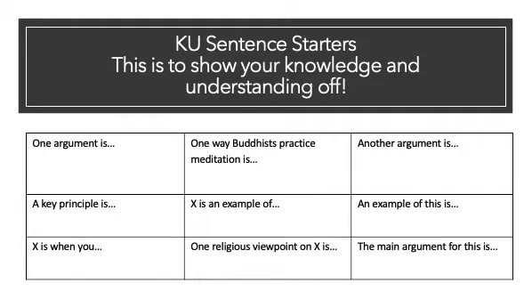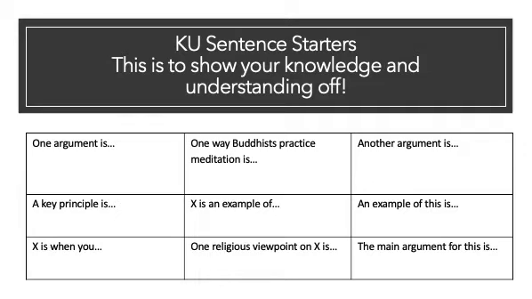KU sentence starters are a way to show you how to start off your sentences. It is a way to show your knowledge, a way to prove what you know. One argument is that Buddhists believe this. One way Buddhists practice meditation is through Vipassana.